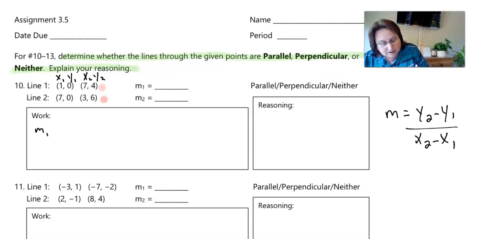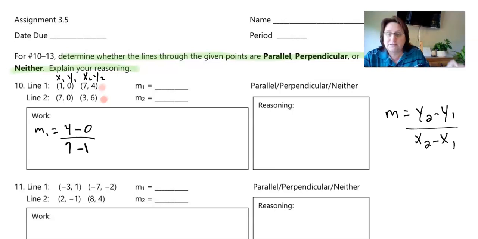So I've got m of slope 1, and notice I put a subscript. That tells me that's line 1, okay? That equals y2, which is 4, minus y1, which is 0, over my change in x's, which is x2 minus x1. So the slope of my first line is 4 over 6.